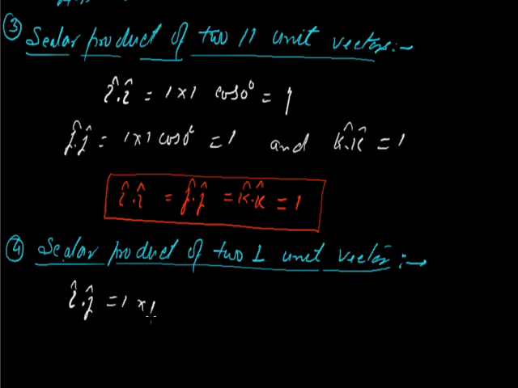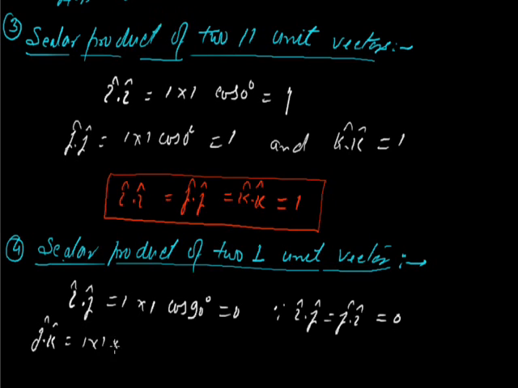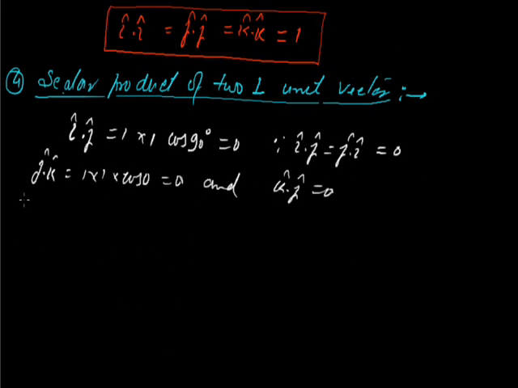So 1 into 1 into cos of 90 will be 0. We know i dot j will be j dot i, that will be 0. Same thing, j dot k will be 1 into cos of 90, that's 0, and k dot j is also 0.